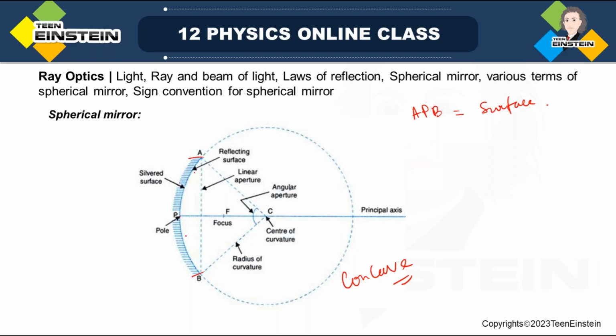Then we'll see what is radius of curvature. First of all, what is center of curvature? We have learned what is pole. This is the center or middle of the spherical surface.